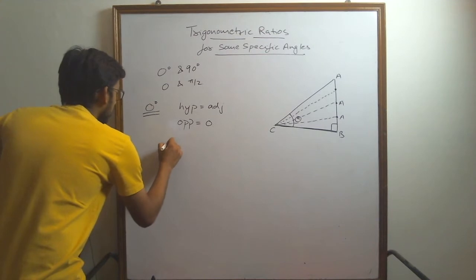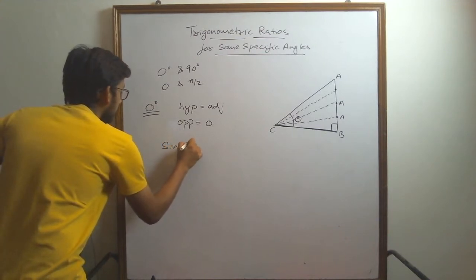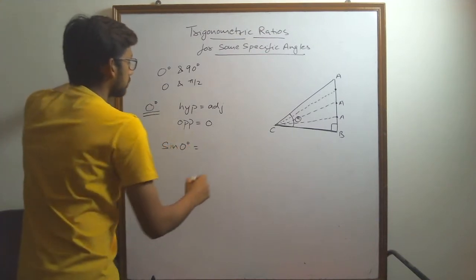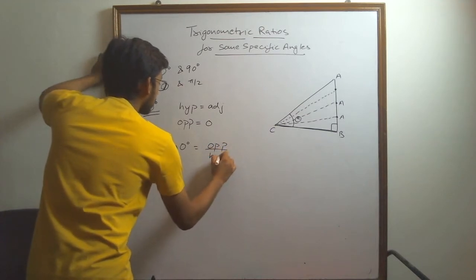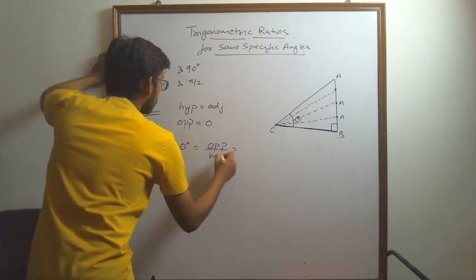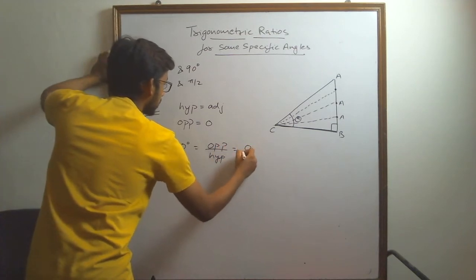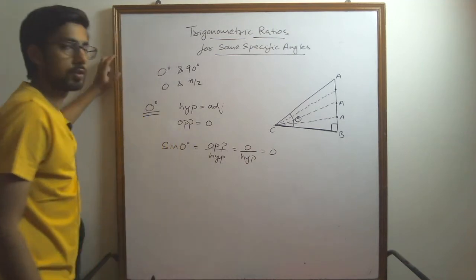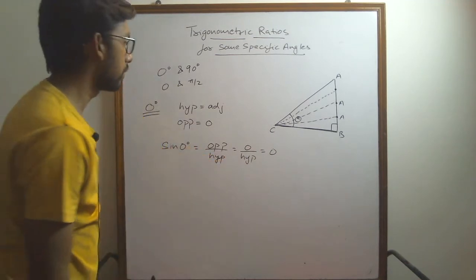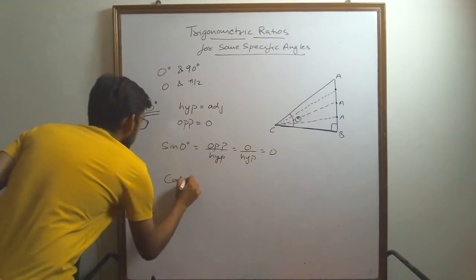So if I find sine 0 degrees, this is equal to opposite upon hypotenuse, which is equal to, opposite is 0, hypotenuse is hypotenuse, so this is always 0. So we get that sine 0 is 0. Similarly, let's get cos 0 degrees.